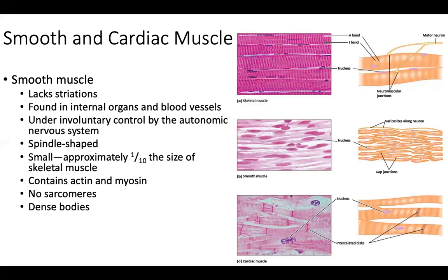There are no sarcomeres. So while there is actin and myosin, they are not arranged or organized in the sarcomere. And remember, the sarcomere is what gives the muscle fiber and eventually the entire muscle body its striated, striped appearance.